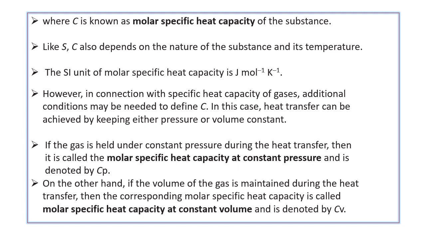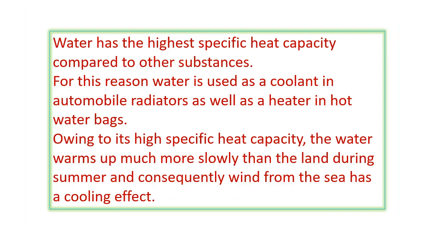If the gas is held under constant pressure during the heat transfer, then it is called molar specific heat capacity at constant pressure, and it is denoted by C with a subscript P. On the other hand, if the volume of the gas is constant, then it is called molar specific heat capacity at constant volume, and it is denoted by C with a subscript V.